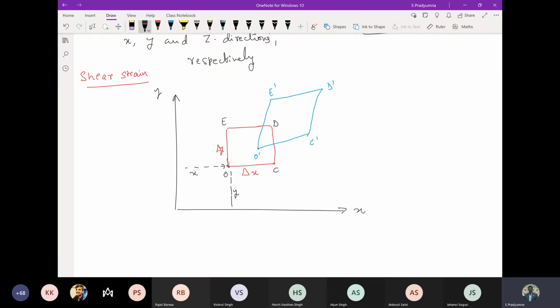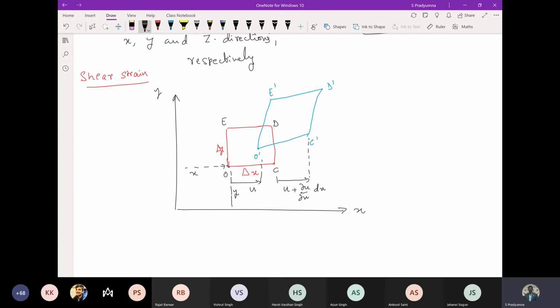Now let us come to this, that O goes to O dash. So this displacement along the x direction is equal to u. And then C goes to C dash. Here this distance along the x direction is not u because it's a deformable body. So we can say that it is u plus an incremental change, that is del u by del x into dx.